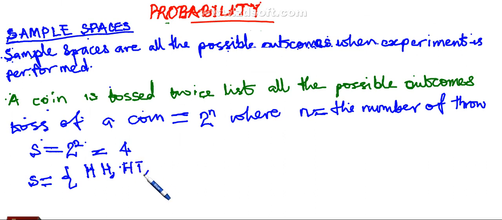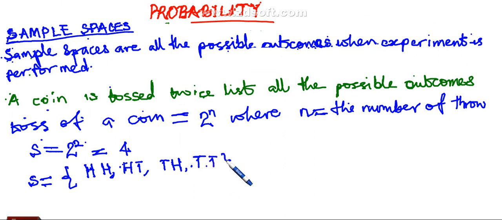This is another outcome. The first throw can also land on tail, the second throw can land on head. Another possible outcome. And last but not least, the first throw can land on tail and the second throw can land on tail.